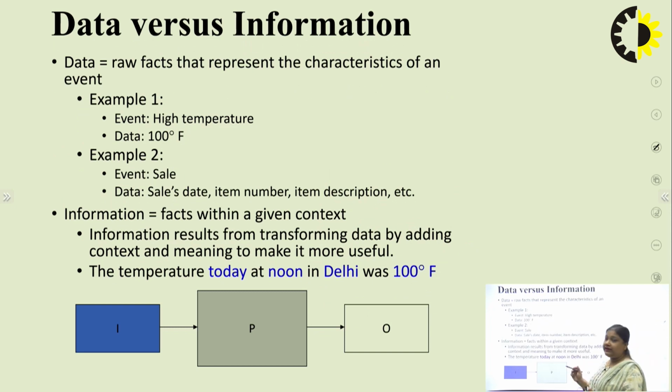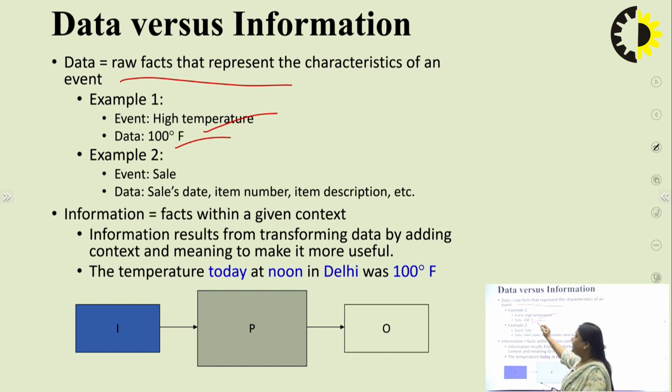We can see through this example that data are the raw facts that represent the characteristics of an event. Suppose we have an event: high temperature and 100 Fahrenheit. We have the high temperature and 100, but we can't say whose high temperature it is. The data is 100, so we can't understand anything from that data.